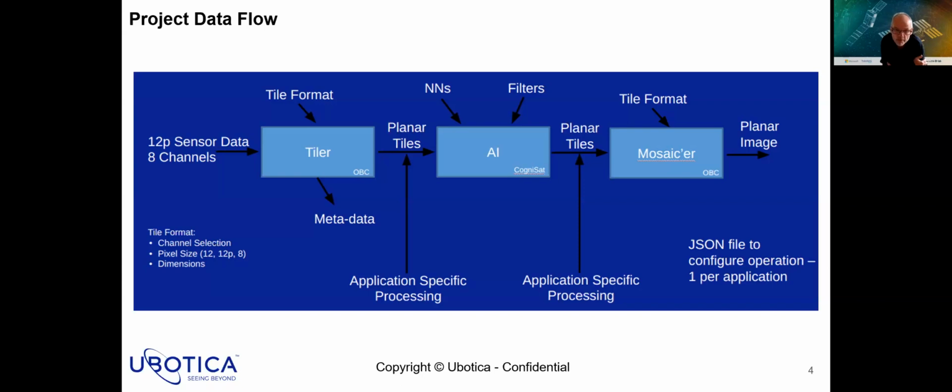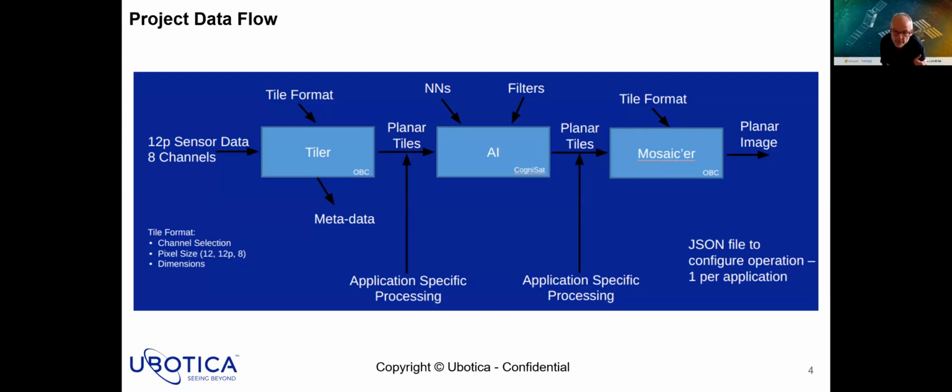For the AI processing itself, we have the neural network model, which is represented as a software model that is loaded onto the processor. There are also filters which can be used for some of the standard pre-processing and post-processing operations, such as mean and scale and what have you, to further prepare the input tiles for processing by the AI processor.